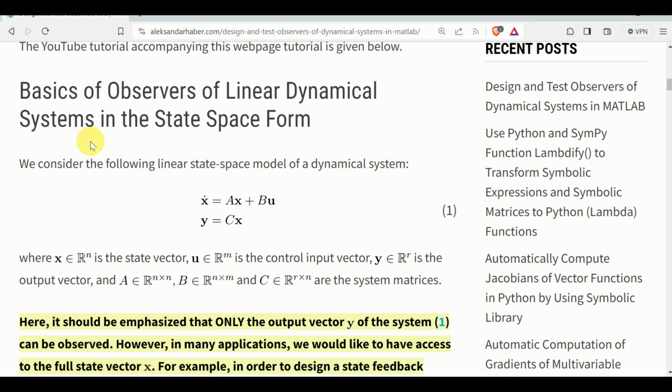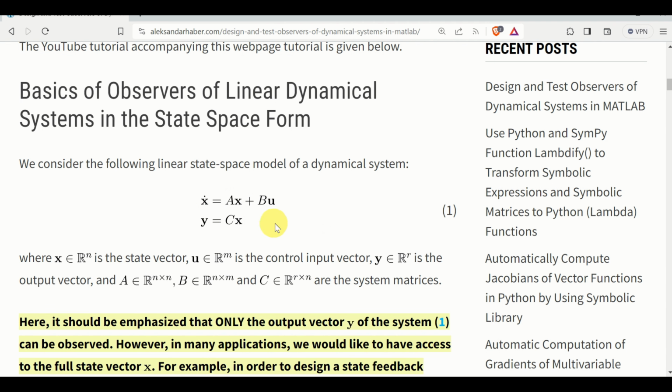Okay, let's start. We consider a linear state space model of a dynamical system shown over here. Over here, x is the state vector, u is the control input vector, y is the output vector, and A, B, and C are the system matrices. Here, it should be emphasized that only the output vector y can be observed.